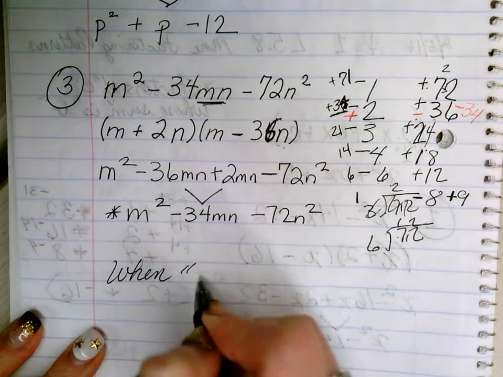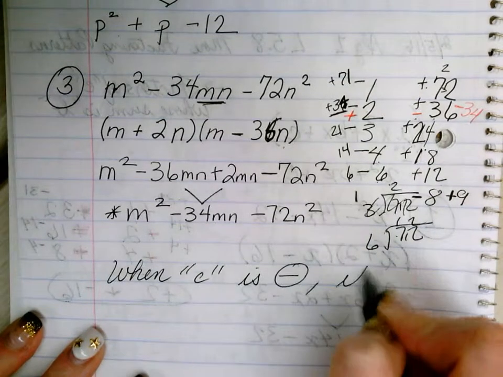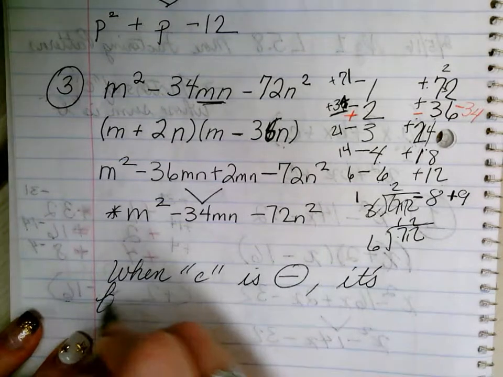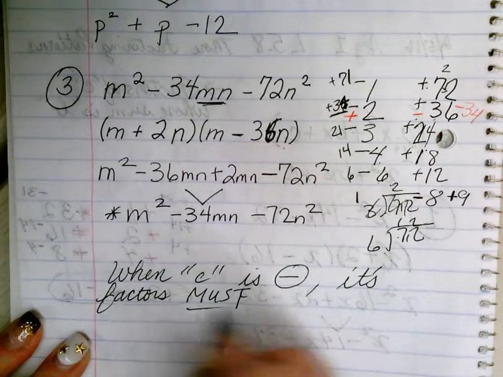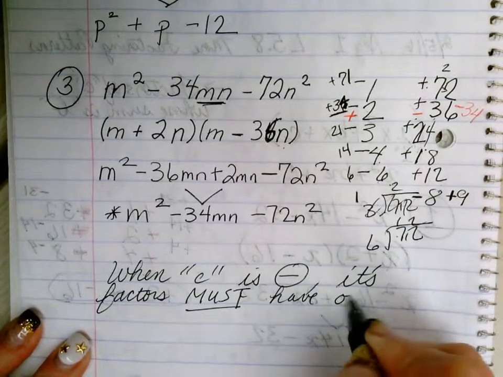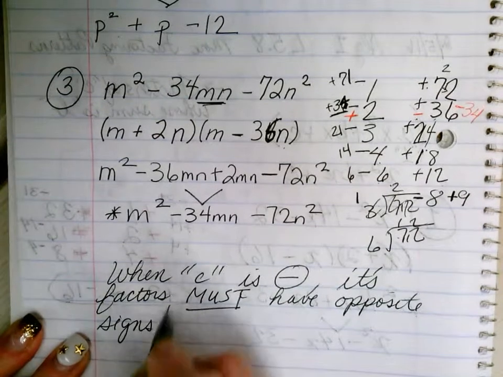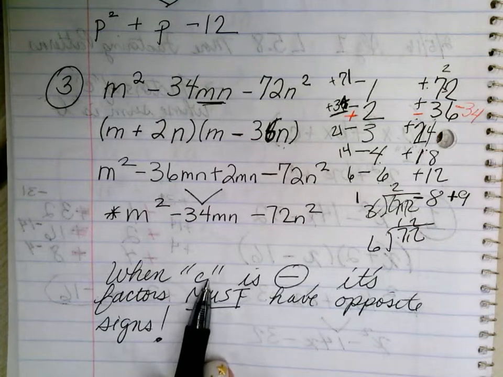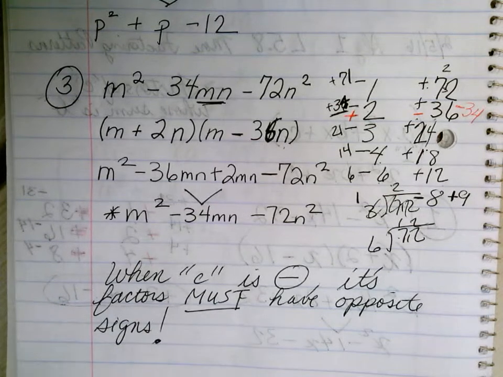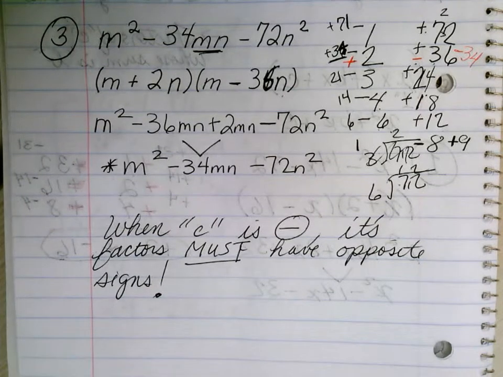When C is negative, its factors must have opposite signs. Okay? No other way around it. In contrast, if C is positive, its factors must have the same signs, which is what you guys have already done up to this point in lesson 5.7.